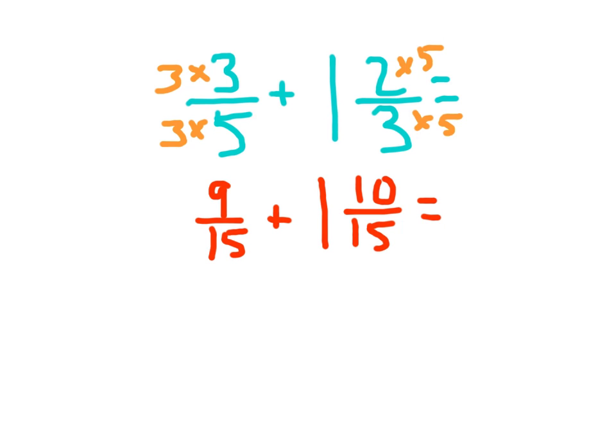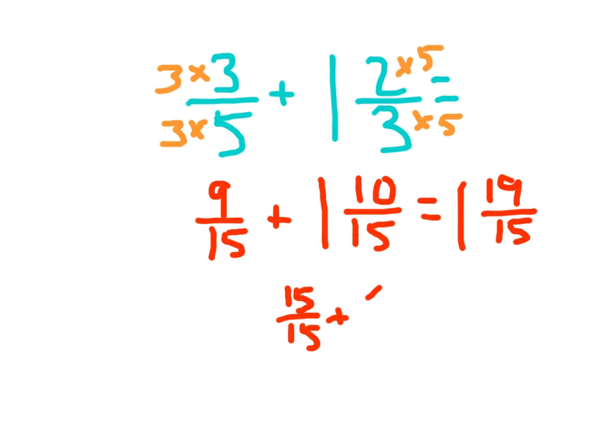If I add those together, I've got 9/15 plus 10/15, which equals 19/15. And in my whole numbers, I have a 1 there still. 19/15 is equal to 15/15 plus 4/15. So I have 1 plus 15/15, which just equals 2 and 4/15.